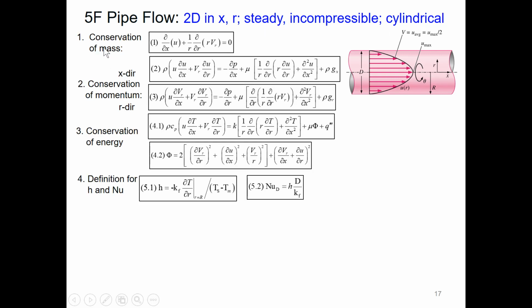We have mass conservation, momentum conservation in the r and x direction. We have energy conservation and viscous dissipation, as well as the definition for the heat transfer coefficient and Nusselt number.